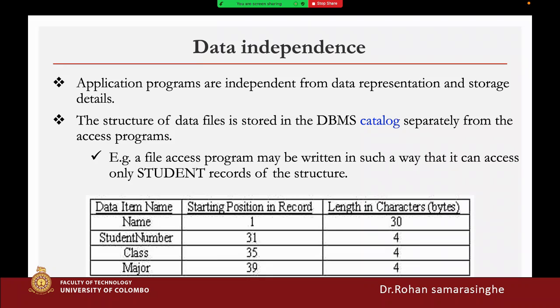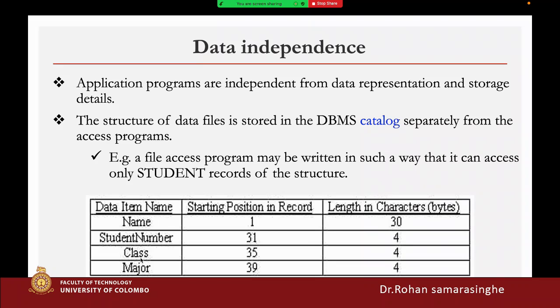For example, the file access program may be written in such a way that it can access only the student record of this structure. Here is the student record: data item name, starting position and length in bytes. Name starts at 1, length is 30. Student number starts at position 31 and has only 4 characters.